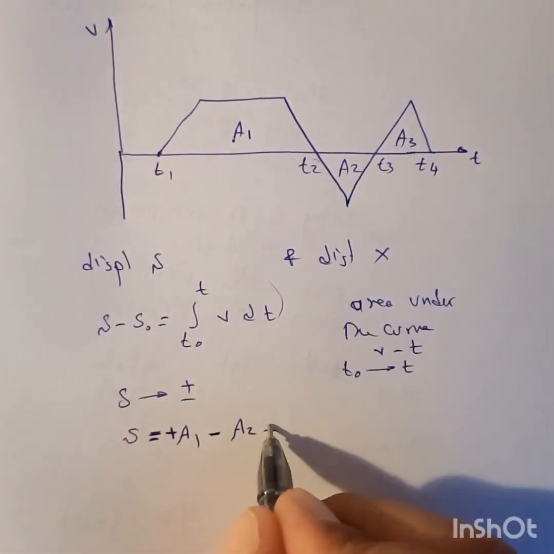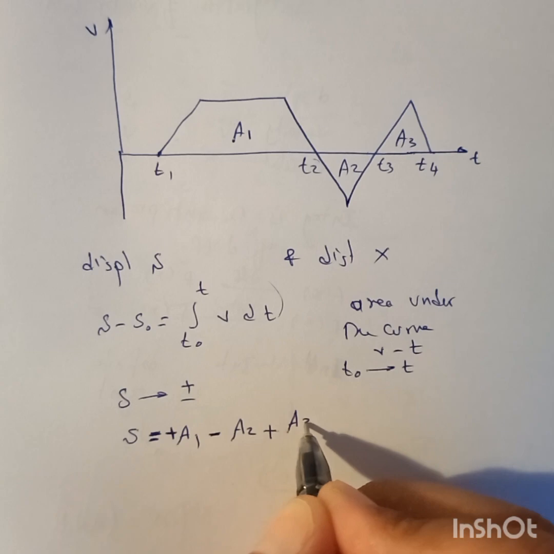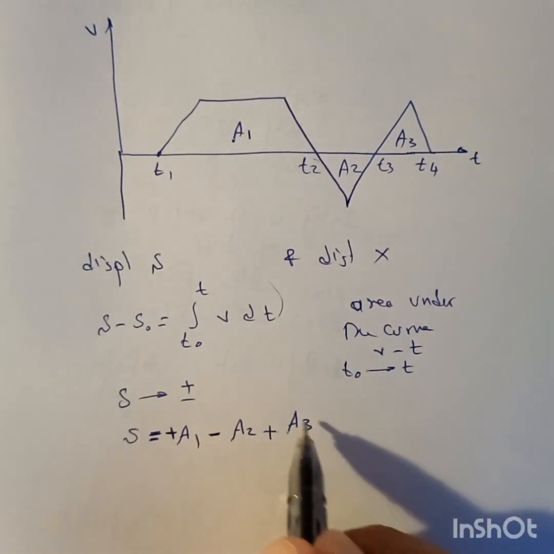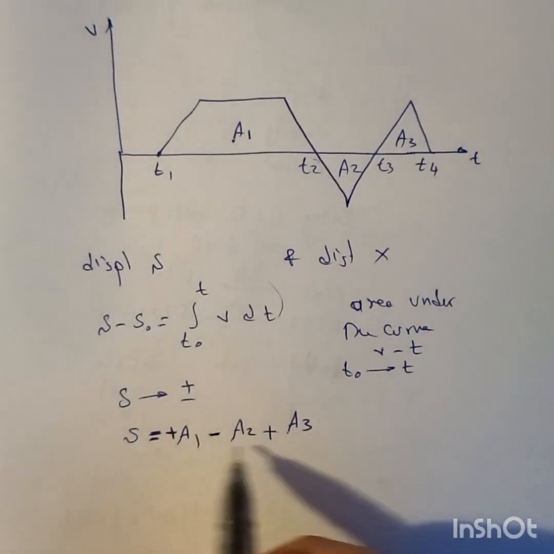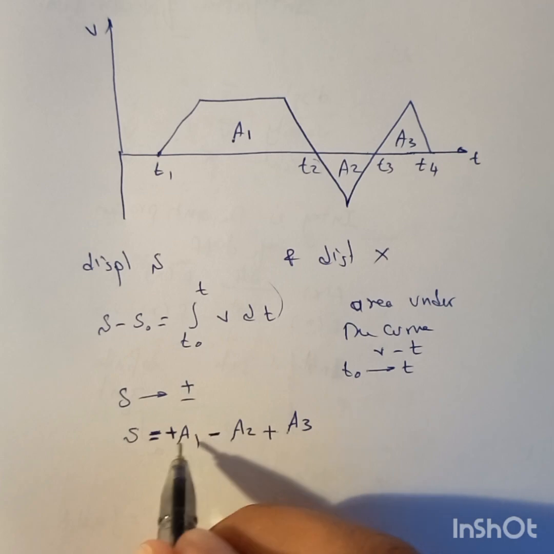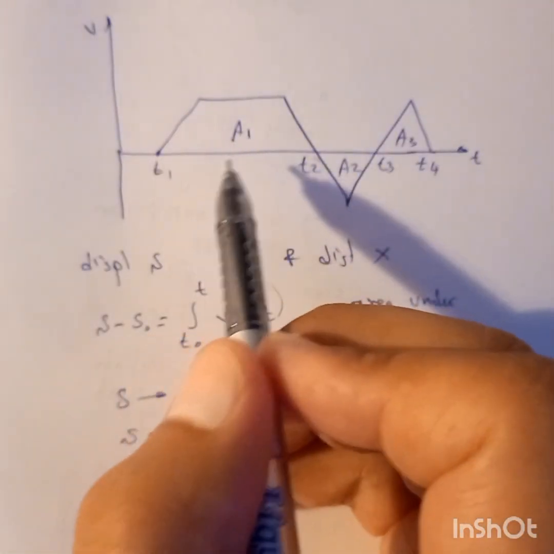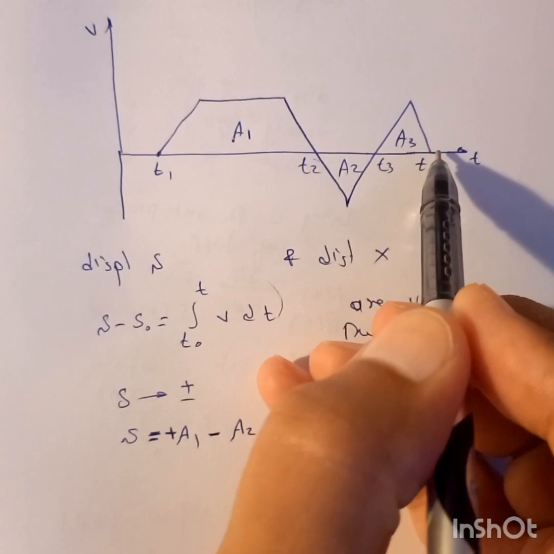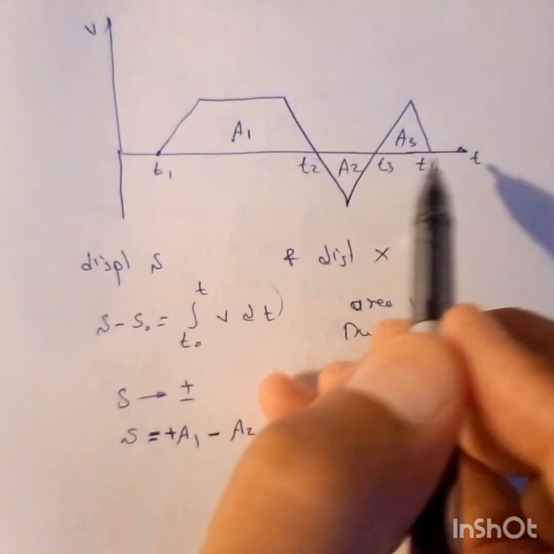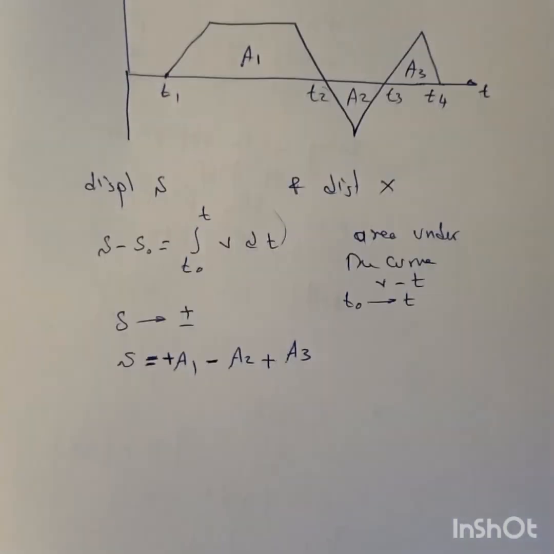Then finally we add area A3. By adding these three quantities with the correct signs, we can find the displacement of the body from t1 to t4 using the vt curve.